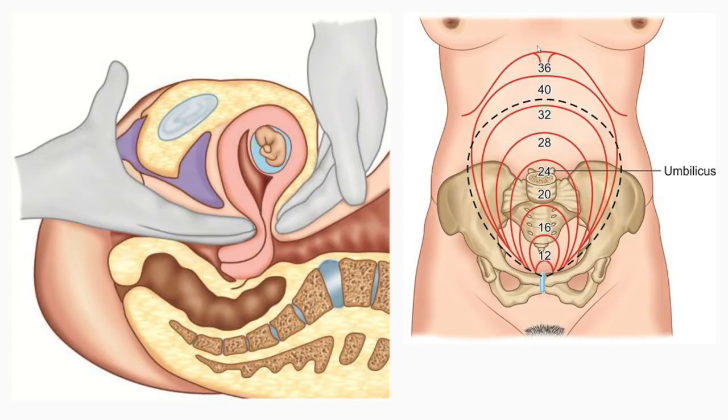From up to here, the xiphoid process is present. The xiphoid process is also known as ensiform cartilage. At 36 weeks, it reaches up to the xiphoid process. Then at 40 weeks, it reduces slightly, nearly down to the 32 weeks level.